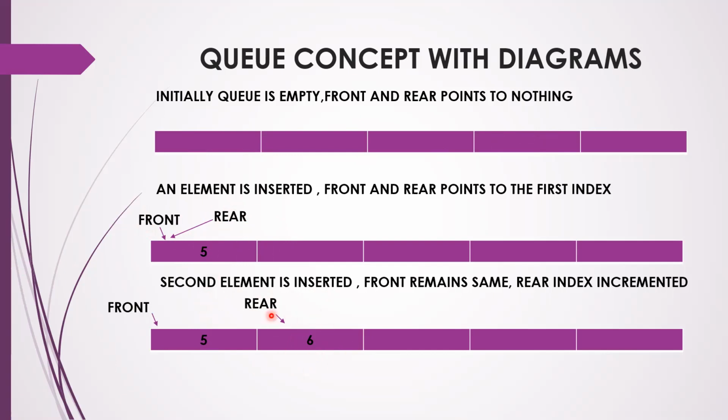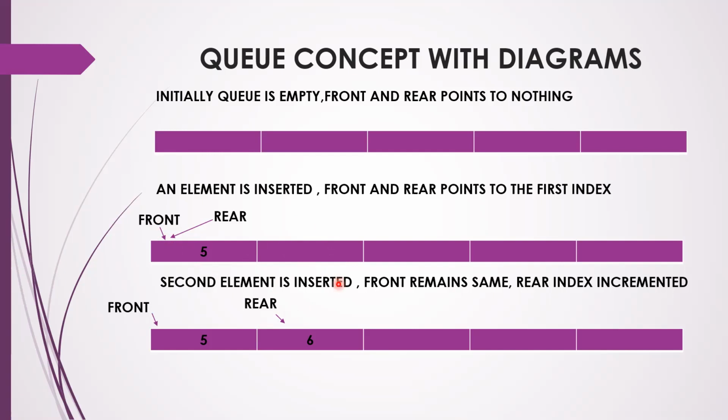So the rear will point to the newly placed element. So you have to increment the rear pointer from the index 0 to the index 1, and then we have to insert the element 6. So the front will remain the same because we are not doing deletion here, we are doing insertion here.